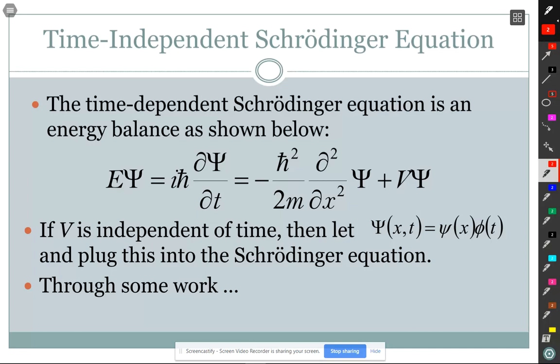Now, quantum, and Chad got into that with his description. Quantum means we're dealing with quantized amounts. Here's a good example of quantized amounts: the number of students in this class. There could be 0, there could be 1, 2, 3, 4, there could be more.